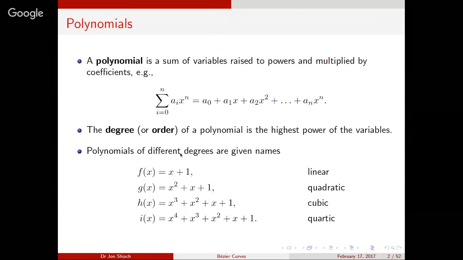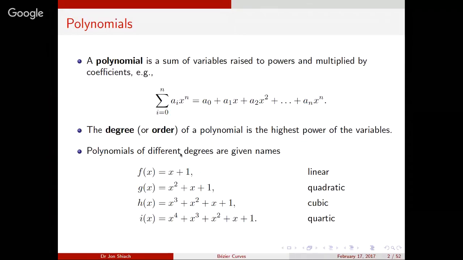Bezier curves are a sort of polynomial function. So just to recap what polynomials are, this should all be old information to you. A polynomial is a sum of a variable raised to different powers and multiplied by coefficients. So what we have here is the sum, where x is your variable, n is some power, and i is some scalar coefficient.